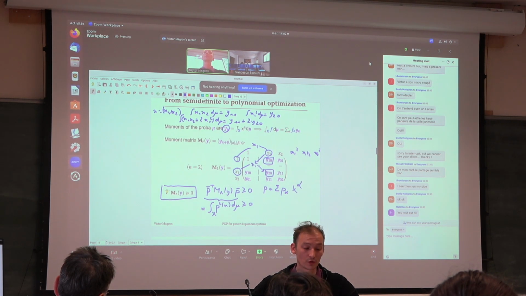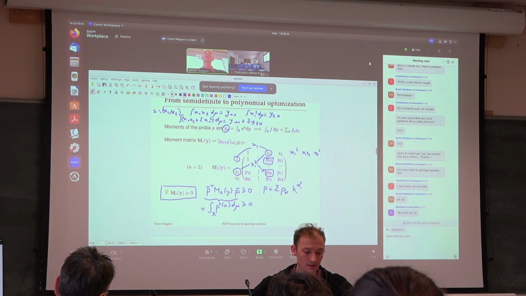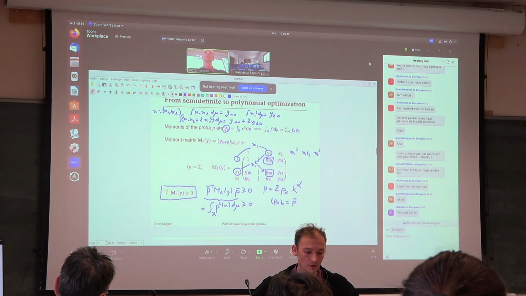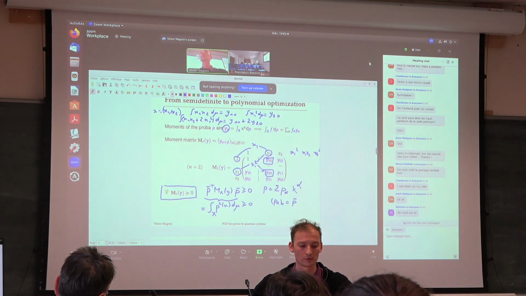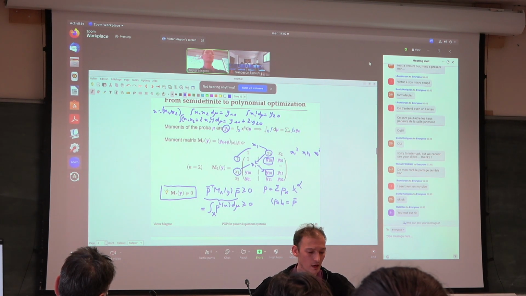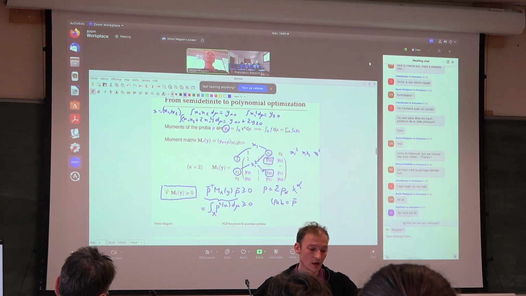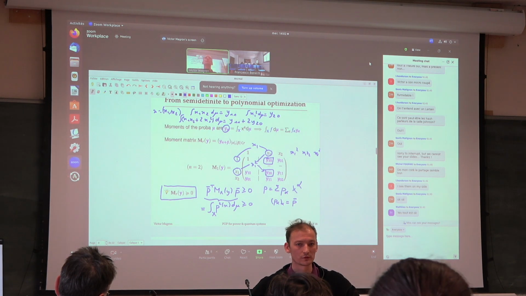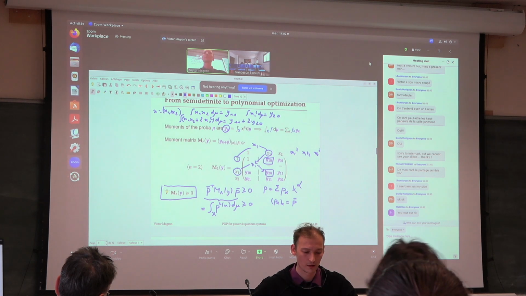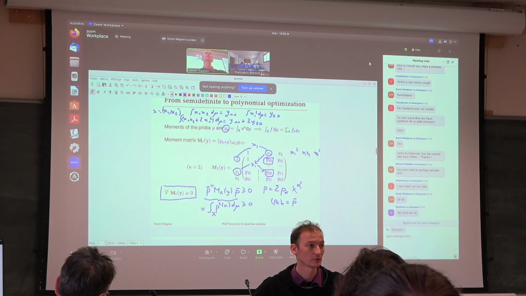So it's the sum of the coefficients multiplied by the monomials. And then you take all this sequence p alpha, and this is my p overlined. So this is to make a distinction between the polynomial itself and its vector of coefficients. And actually, it's not very hard to see that this integral is precisely equal to this, because it contains the y alpha plus beta, and then you have to take the square of the polynomial, so you also have the alpha plus beta appearing. Any questions on that?